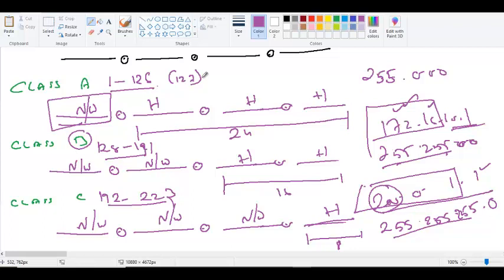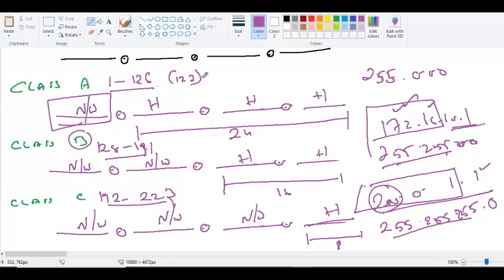We'll talk about that after a few minutes. So Class A has got only 1 to 126. 127 is not A or B or C. B is 128 to 191. C is 192 to 223.